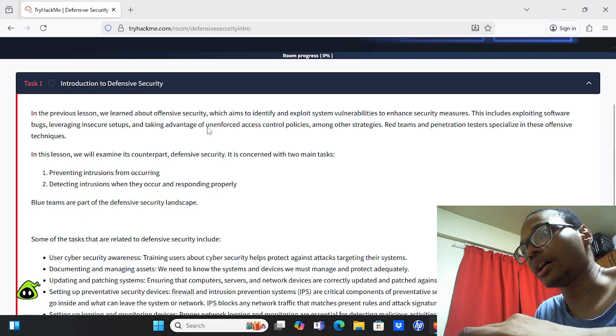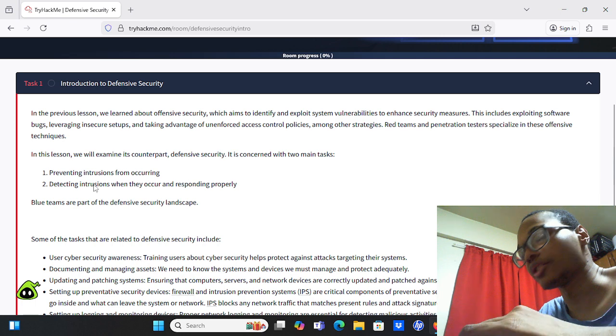Red Team's penetration testers specialize in these offensive techniques. In this lesson, you will examine its counterpart, defensive security. It is concerned with 2 main tasks: preventing intrusion from occurring, and detecting intrusions when they occur and responding properly. Blue teams are part of the defensive security landscape.